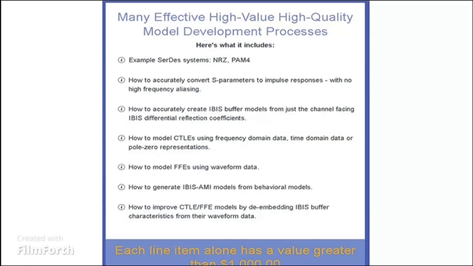Example: SerDes systems for NRZ and PAM4, how to accurately convert S parameters to impulse responses with no high-frequency aliasing, how to accurately create IBIS buffer models from just the channel-facing IBIS differential reflection coefficients, how to model CTLEs using frequency domain data, time domain data, or pole zero representations, how to model FFEs using waveform data, how to generate IBIS-AMI models from behavioral models, and how to improve your CTLE and FFE models by de-embedding IBIS buffer characteristics from their waveform data.